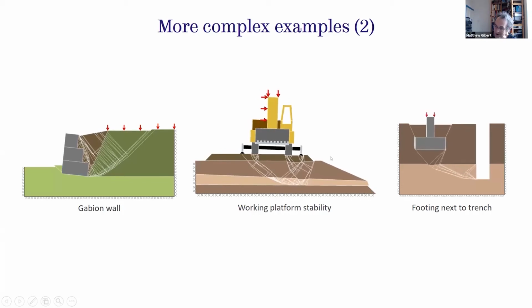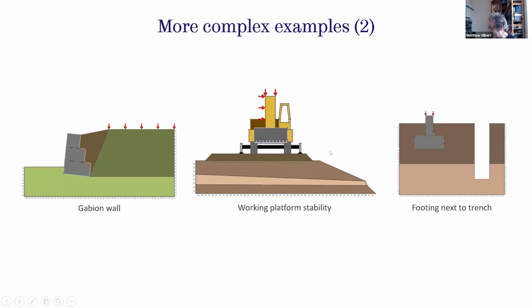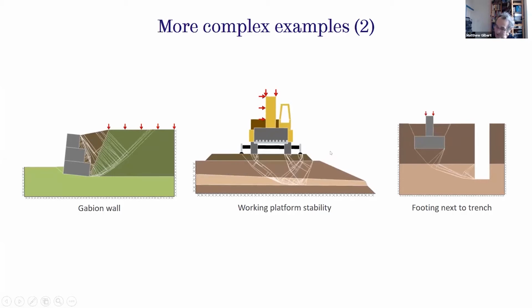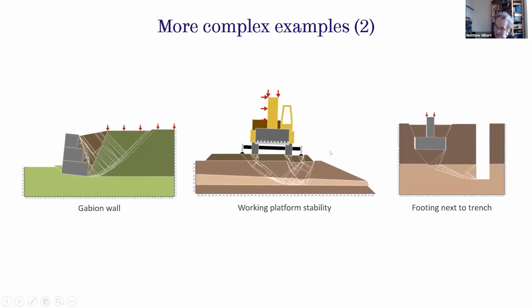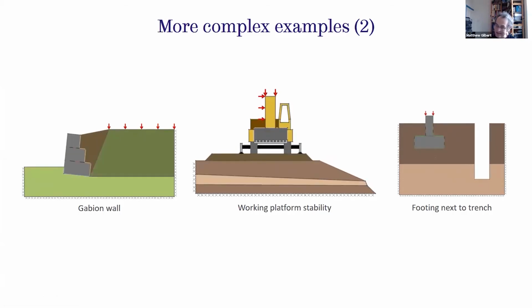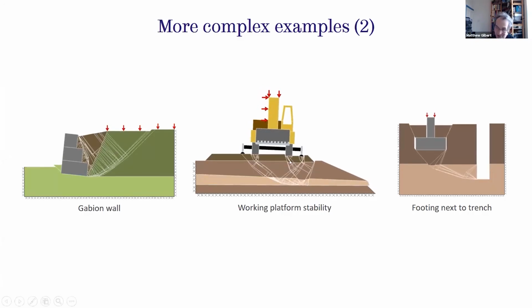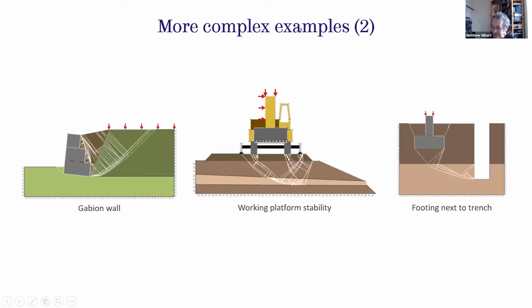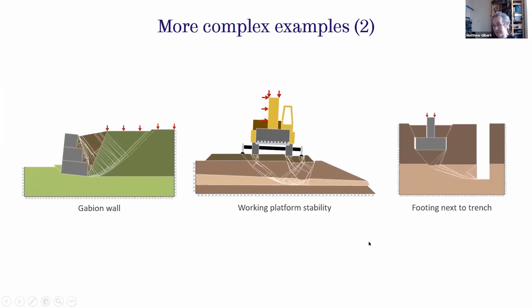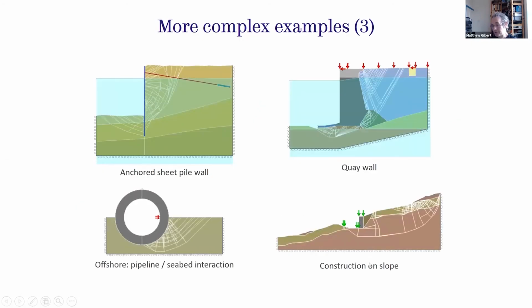However, one of the most popular use cases for the software is actually contractors wishing to quickly answer what-if questions. Can I drive my piling rig to the top of this slope? And with traditional techniques, that has sometimes been a laborious process. And some more examples you can see here.